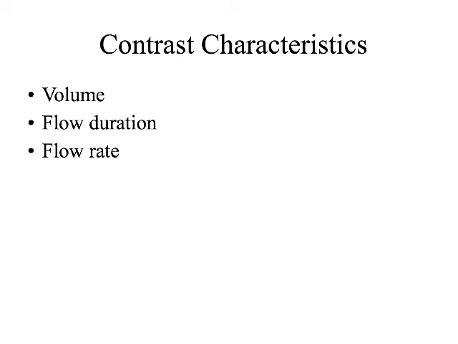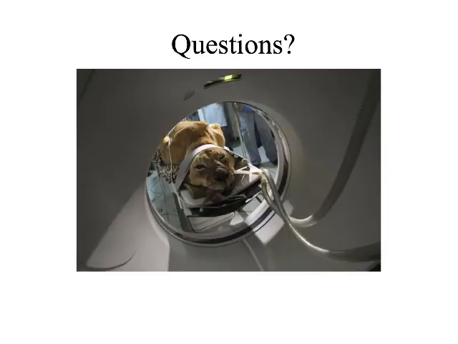So different examinations have different injection rates, and that will also vary the flow duration, the amount of time the actual injection takes as it relates to the amount of stuff that we give the patient. So all of those are things that we think about. And that is it.